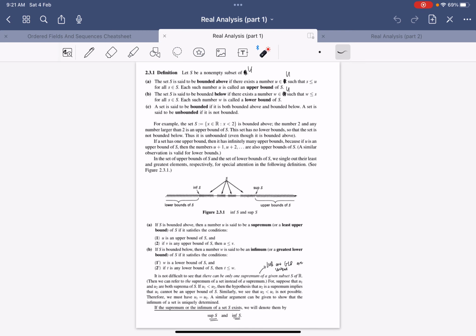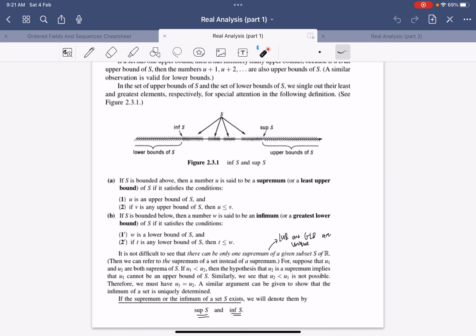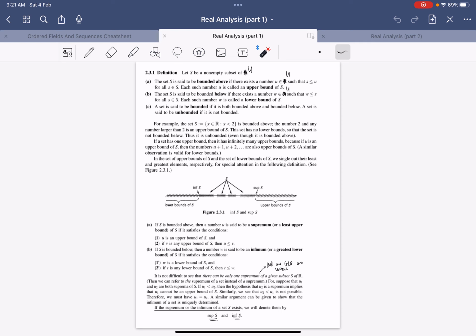And so we see that because it's unique, we give it a special notation and it is known as the sup of the subset S and the inf S. So I hope this is clear on what the definition is for a supremum and an infimum.